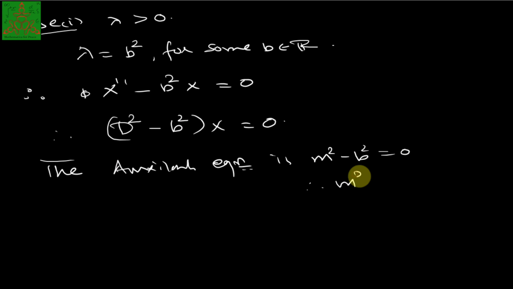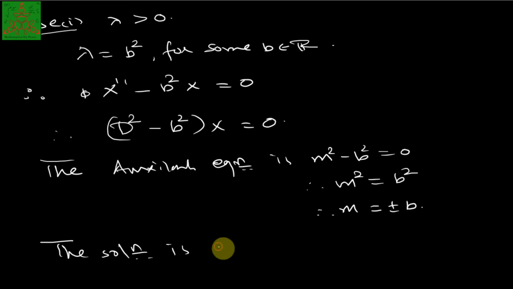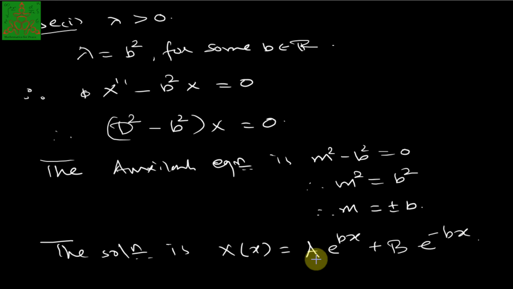That gives m square is equal to b square, where b square is positive, so m is equal to plus or minus b. Hence the solution is x of x is equal to A into e power bx plus B into e power minus bx, because the auxiliary equation has two distinct real roots, where A and B are arbitrary constants.